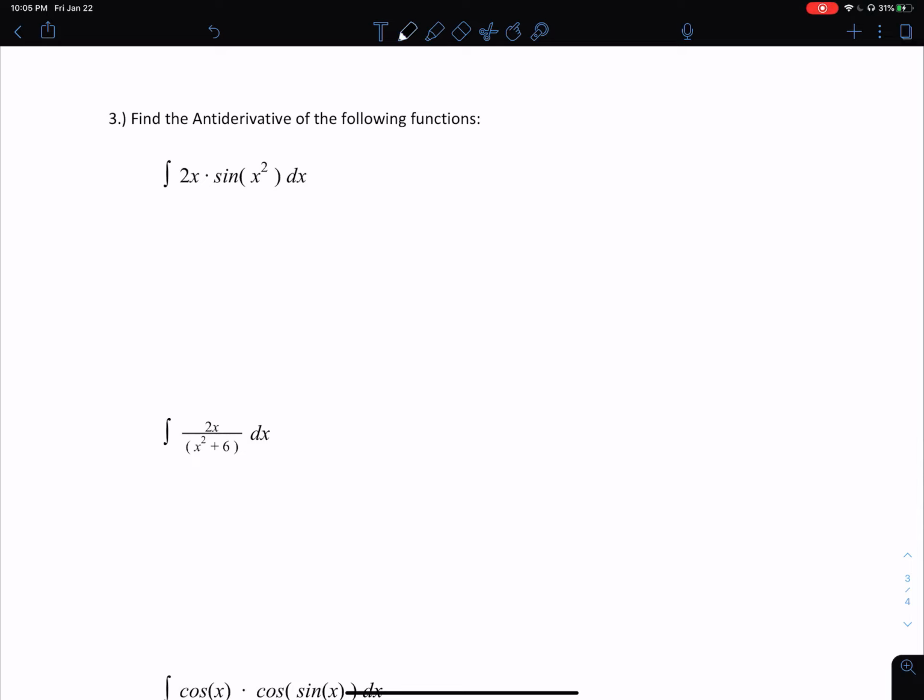So for the rest of these, or some of them at least, I'll just give you the u. And then if you want to work it out, which I know a lot of people aren't going to, I don't blame you, but if you want extra review. Anyways, so like I said in the other ones, this is the derivative of that. So make u x squared.